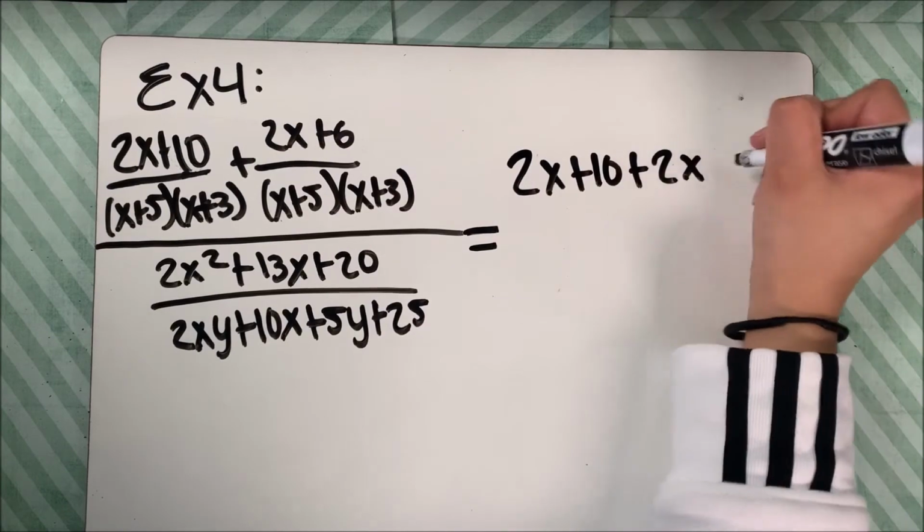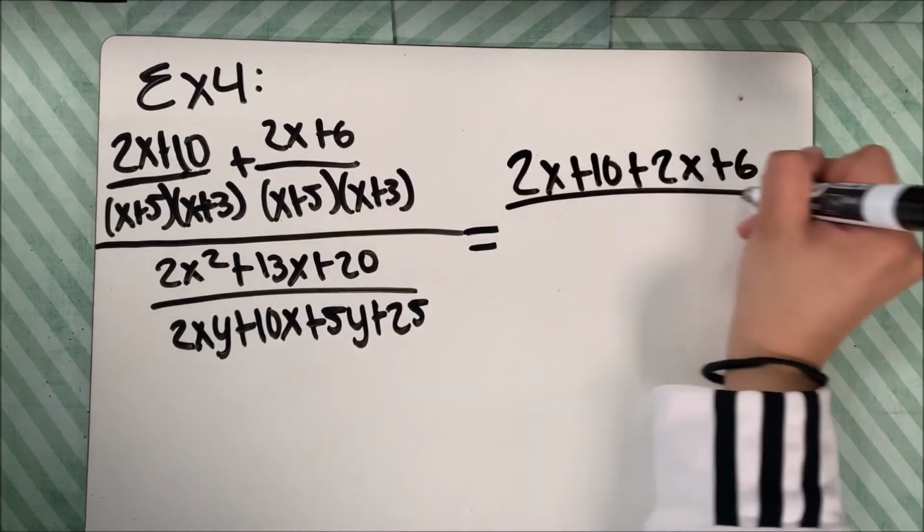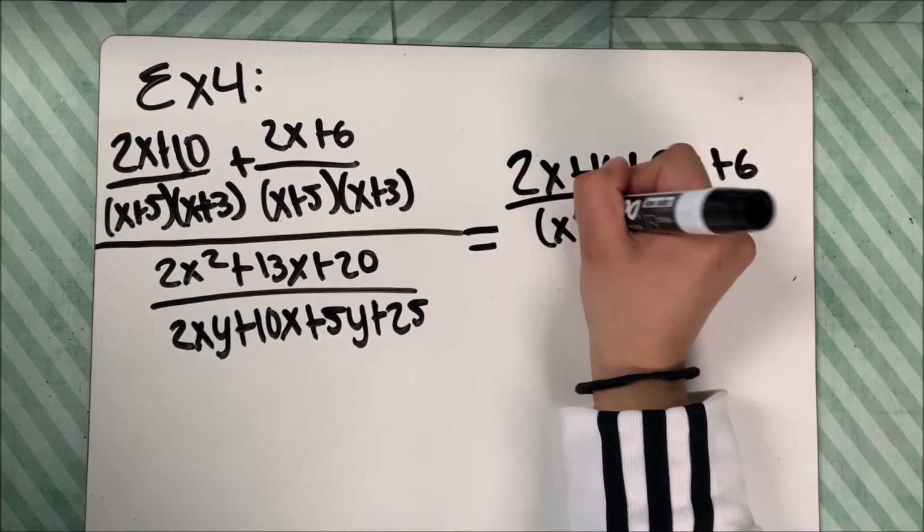On this step, you must combine like terms on the top half and factor by grouping on the bottom half.